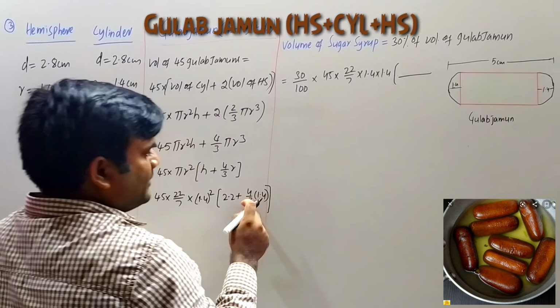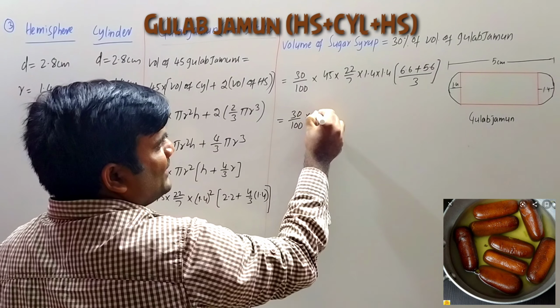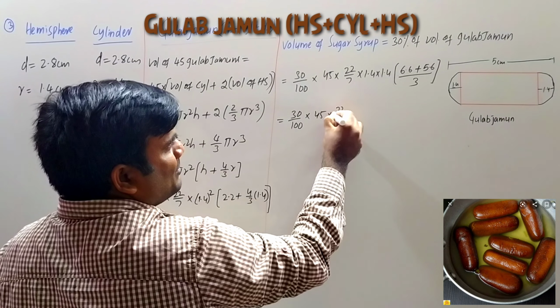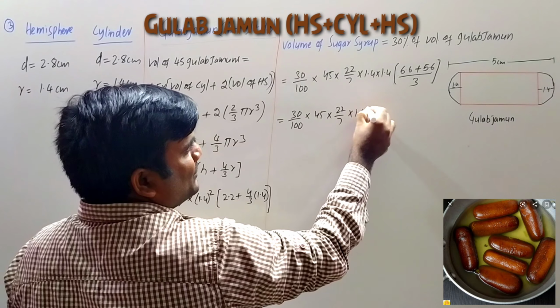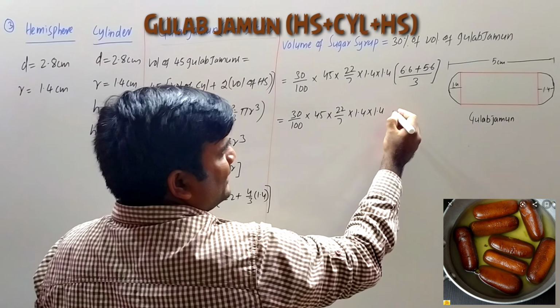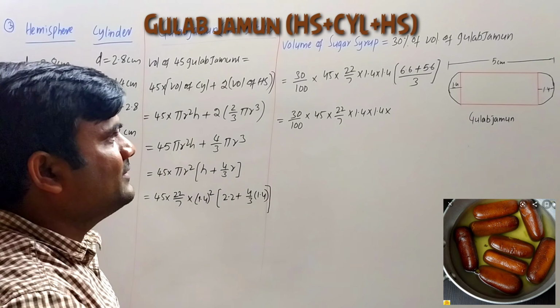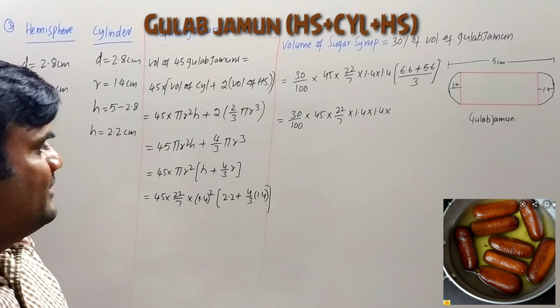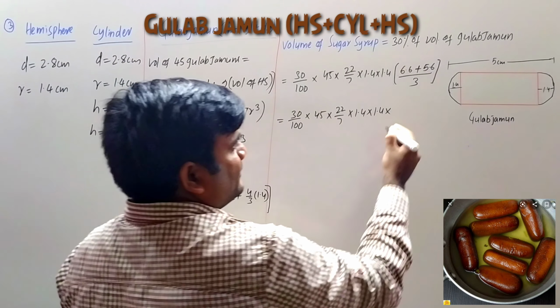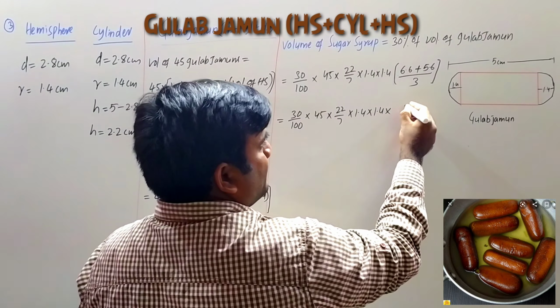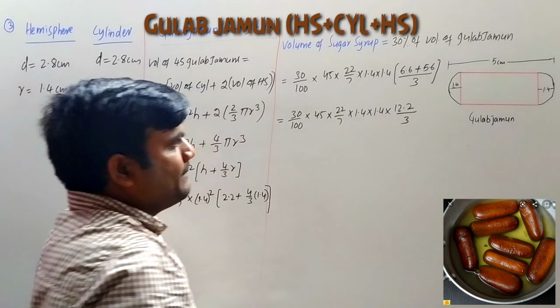So that is equal to 30 by 100 into 45 into 22 by 7 into 1.4 into 1.4 into 6.6 plus 5.6, that is 12.2 by 3.